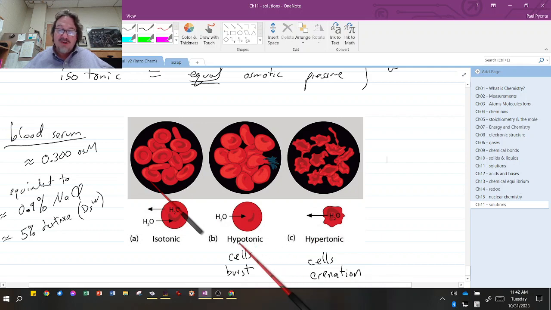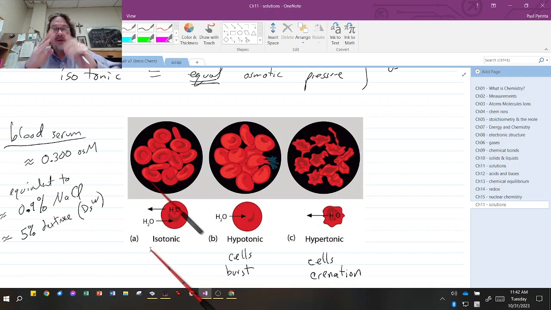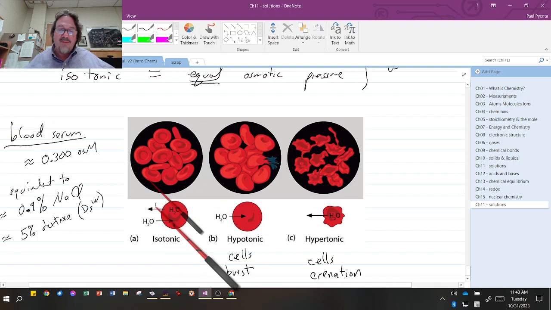The words that you need to know here are isotonic, hypotonic, and hypertonic. Iso means the same, again, like an isosceles triangle in elementary school, a triangle with two sides that are the same length. So isotonic, that's what we want. We want the outside of the cell to be the same concentration as the inside of the cell, like in this picture here.